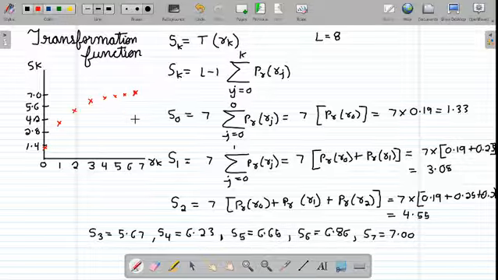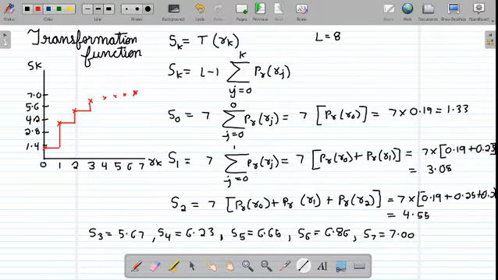So these are the plotted function. If we consider carefully, this forms a staircase waveform.